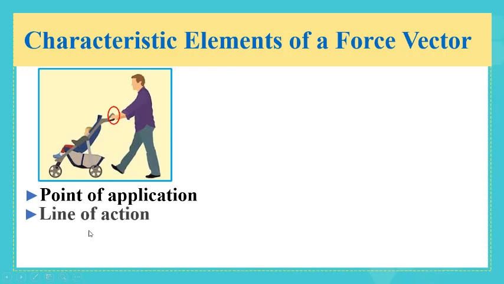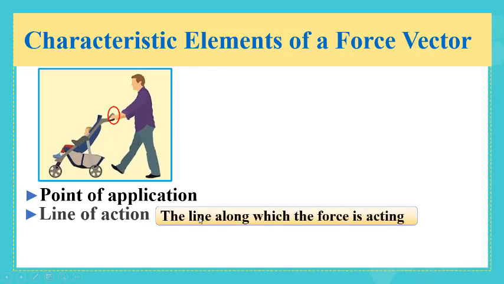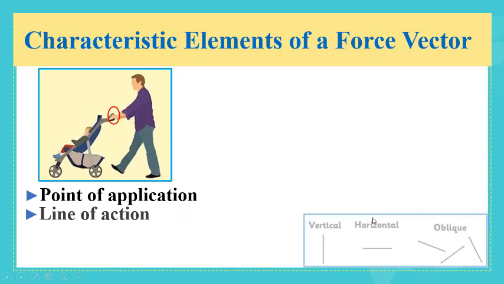Second characteristic is the line of action. What is the line of action? It is the line along which the force is acting. What does this mean? Let's see. The line of action could be a vertical line, a horizontal line, or an oblique line. What is the line of action of the force exerted by the father on the stroller?